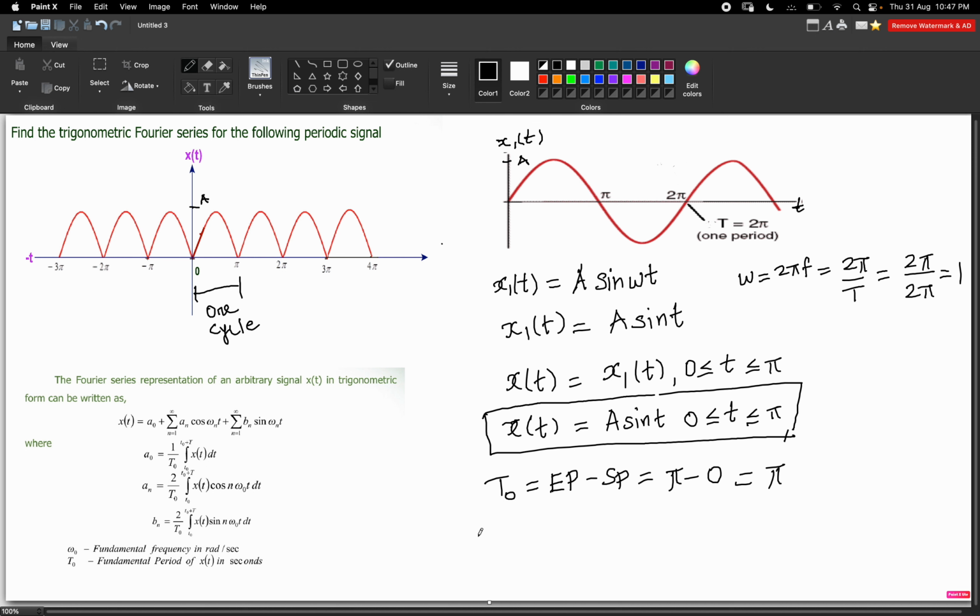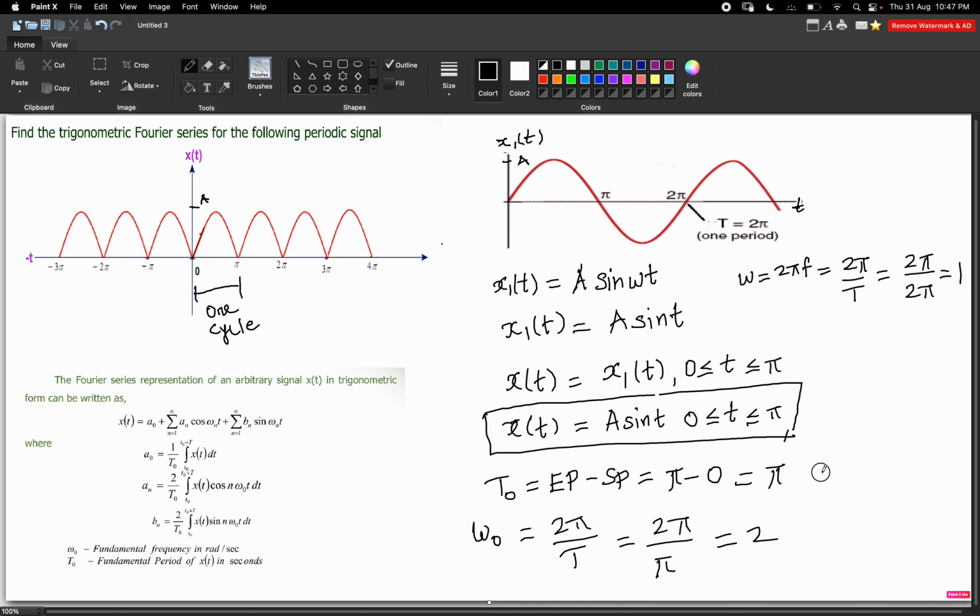Once you find t naught, we need to find omega naught. Omega naught is equal to 2 pi by t, which is equal to 2 pi divided by pi, which is equal to 2.